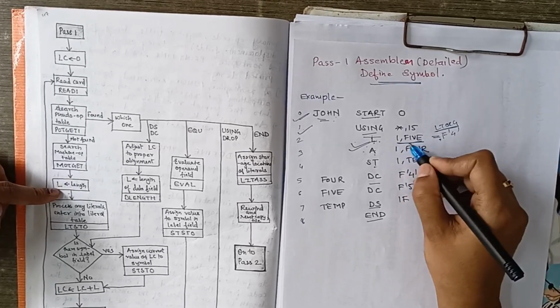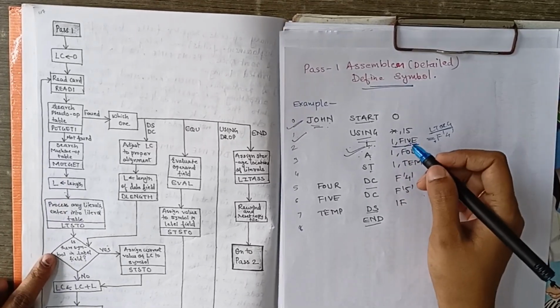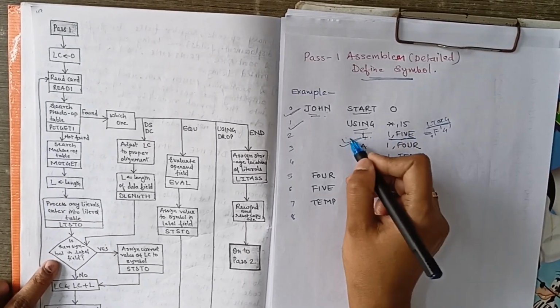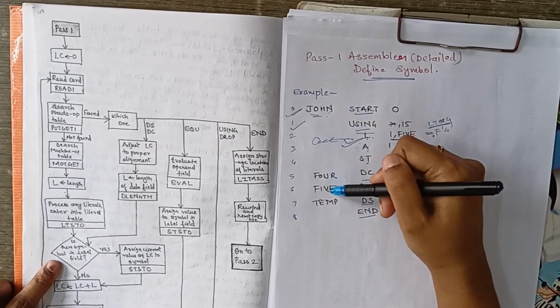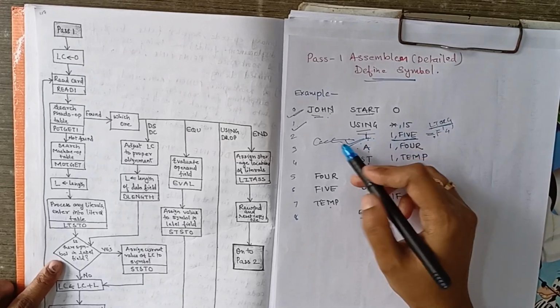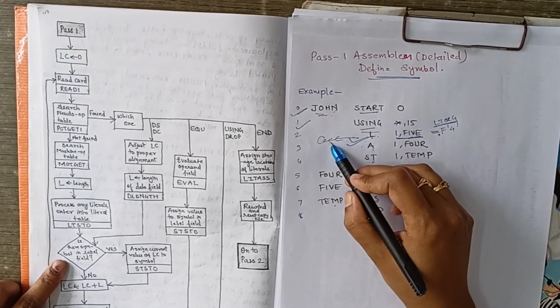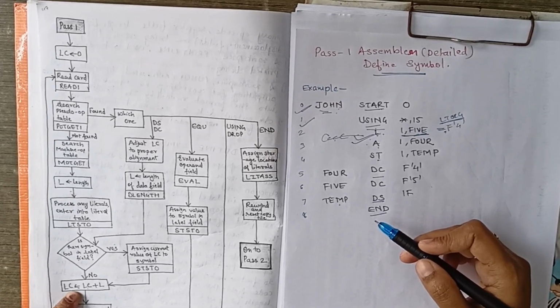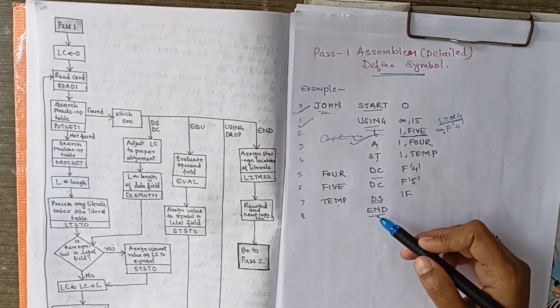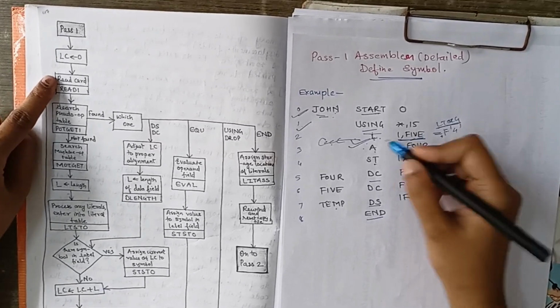Here no literal is present, so it will jump to check whether a symbol label is present. You can see there is no symbol in front of L; we only have the symbols JOHN, FOUR, FIVE and TEMP. So the answer is no, the location counter gets incremented and it is punched into the card. Again the same process starts.